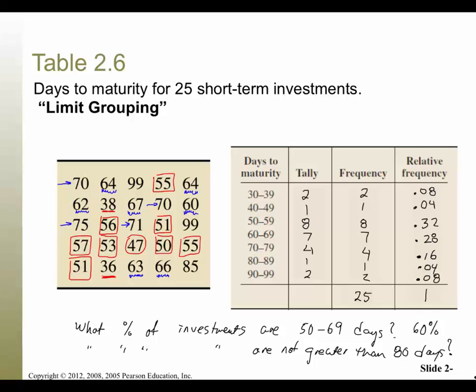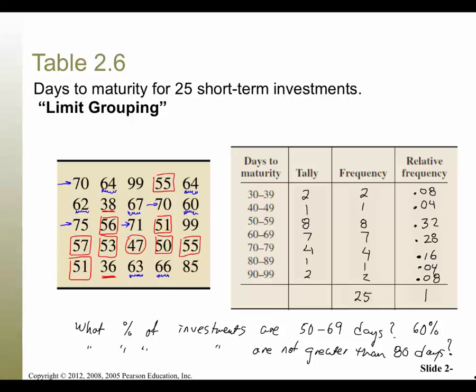So you could add up all the ones that are not greater than 80, or you could add up the ones that don't qualify and subtract from 1, right? So you had 0.04, 0.08, that's 0.12. Take 1 minus that.